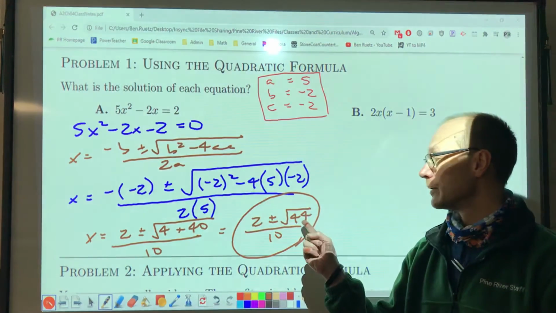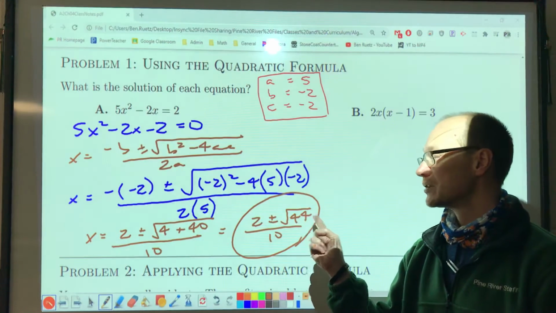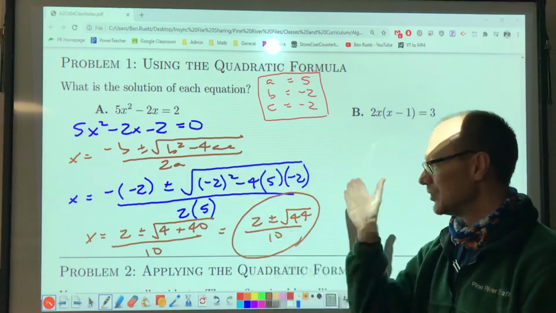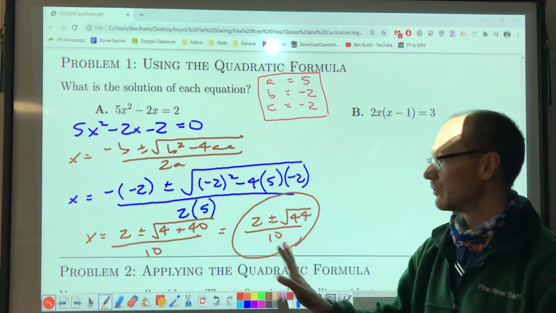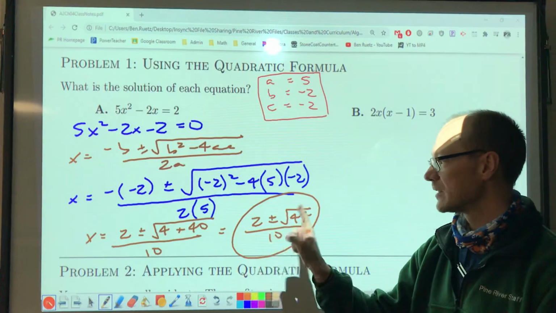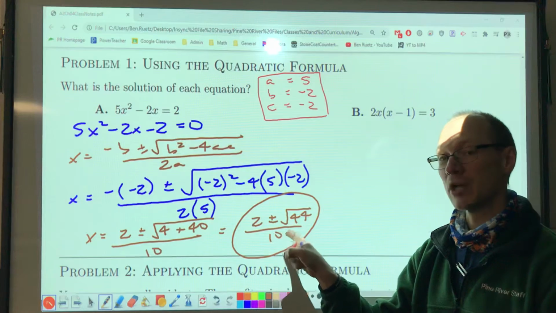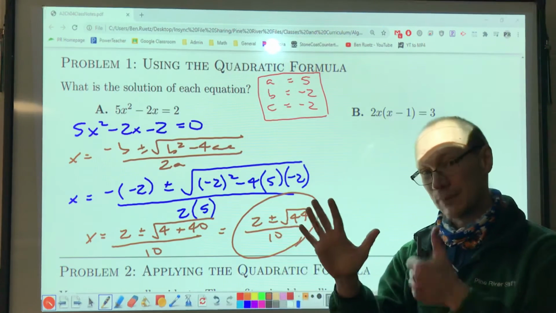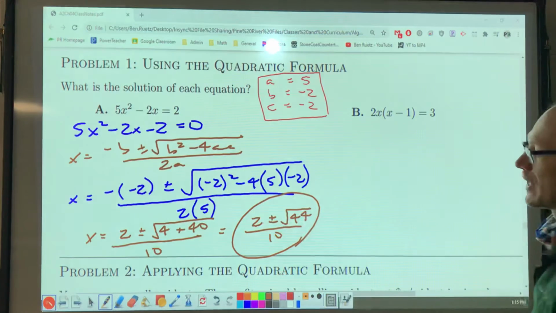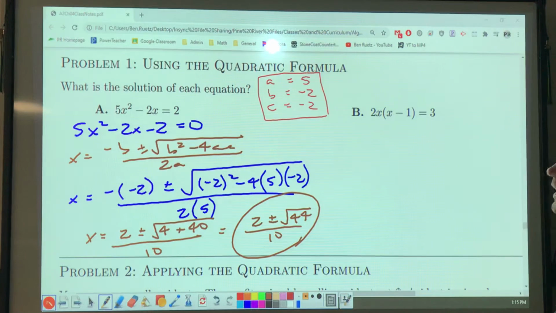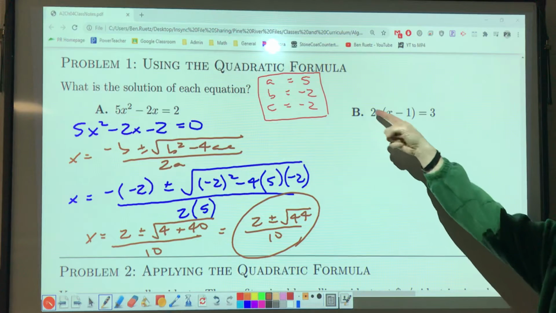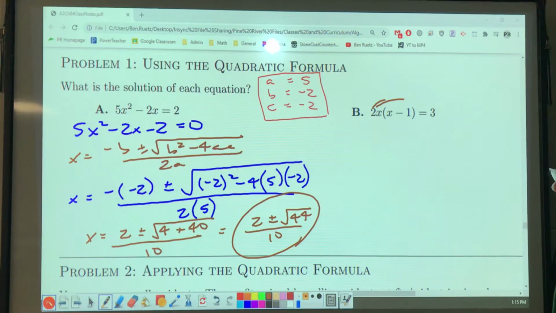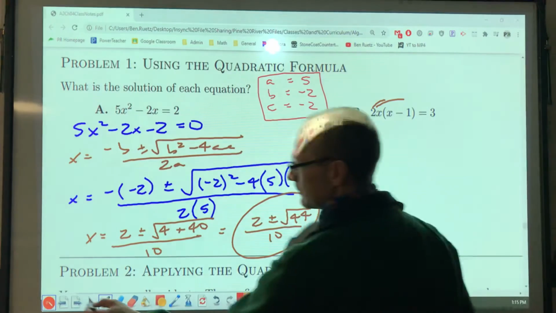There's a perfect square, 4, that can be factored out of there, and we can separate those into two things. For the sake of our understanding at this point, let's call this good, and we will talk about the radical simplification in chapter 6. So that's how this process works. You can look at the notes to see what I did here. Probably distributed through, moved everything over, and used the quadratic formula pretty nicely.